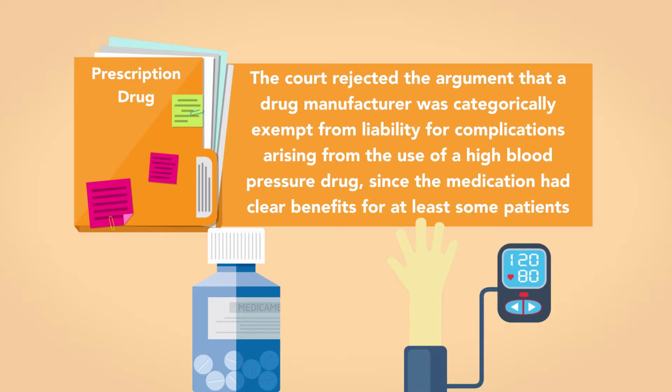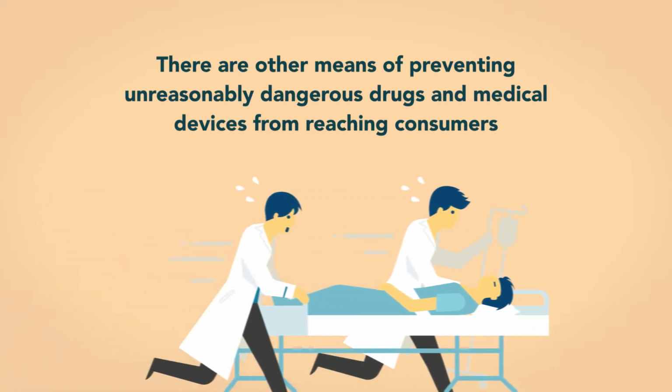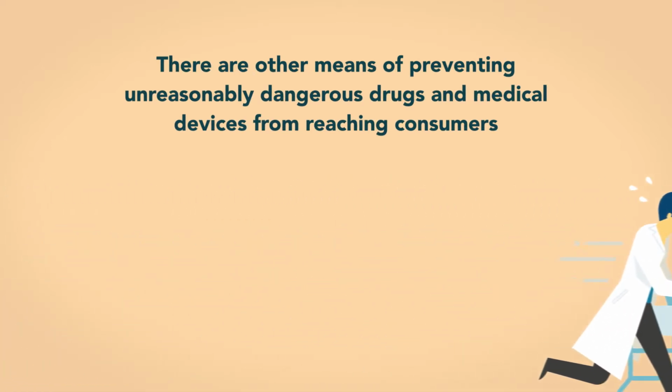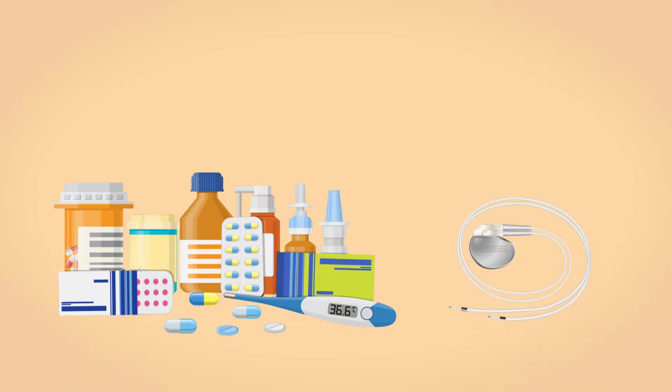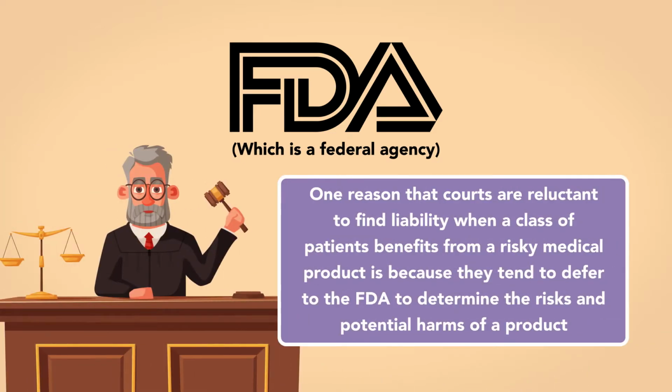Even when the high standard does limit liability for design defects, there are other means of preventing unreasonably dangerous drugs and medical devices from reaching consumers. Prescription drugs and medical devices are regulated by the Food and Drug Administration, which is a federal agency. One reason that courts are reluctant to find liability when a class of patients benefits from a risky medical product is because they tend to defer to the FDA to determine the risks and potential harms of a product.